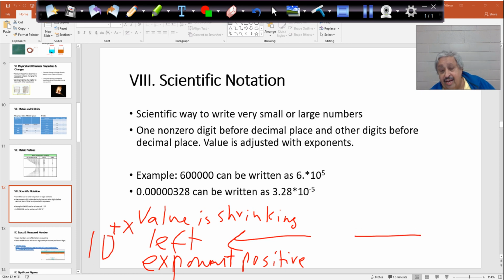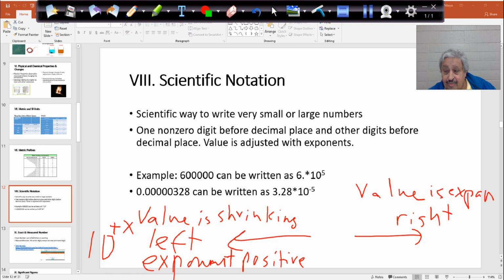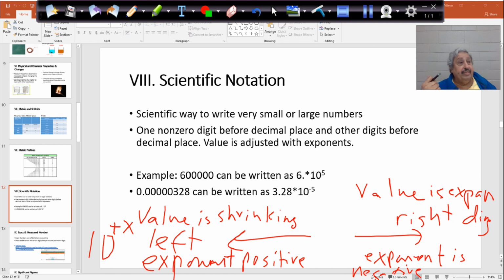If you go to the right, then you have the opposite: the value is expanding, and the exponent is negative. So if I want to make the value very large, I have to go to the right, and the exponent will be negative. If I want to shrink the value, I have to go to the left, and the exponent will be positive.